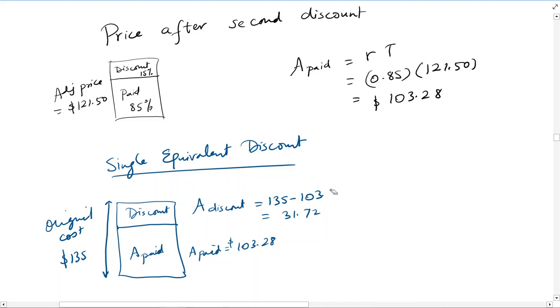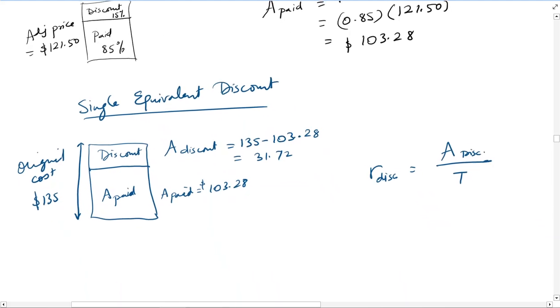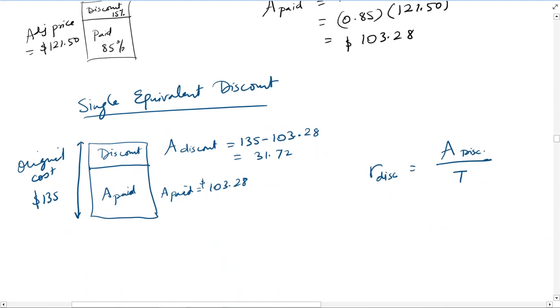Our goal is to find the single discount percentage. The rate of discount is the total amount of discount out of the total. Remember, R equals A over T. The discount was $31.72, and the original total was 135.